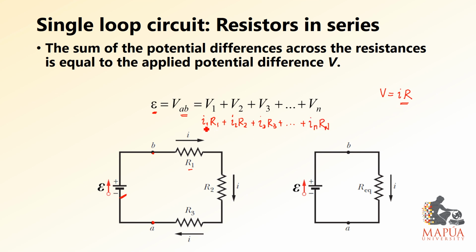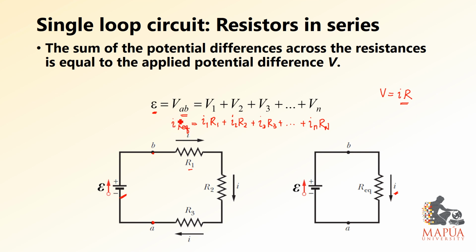And because I1 is the same as I2 and the same as I3, and that's the same for In, this is equal to the total current flowing through the circuit I times the equivalent resistance.